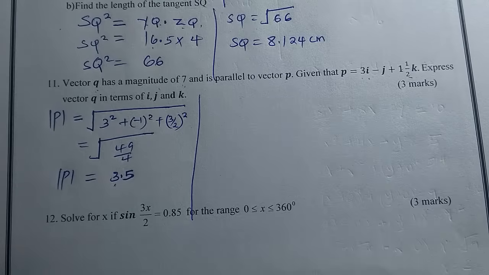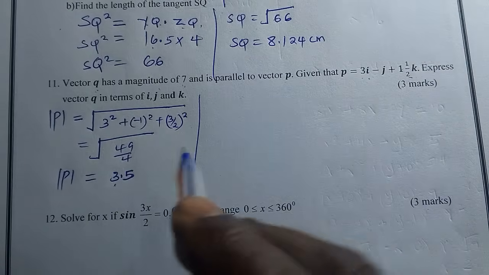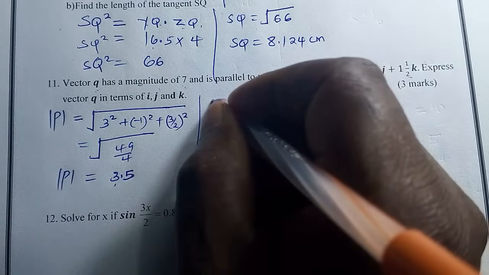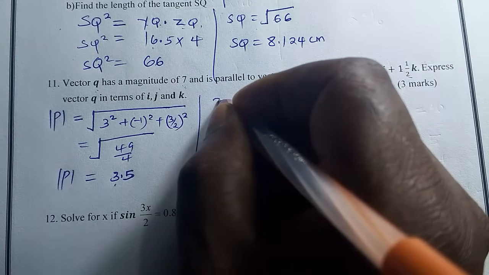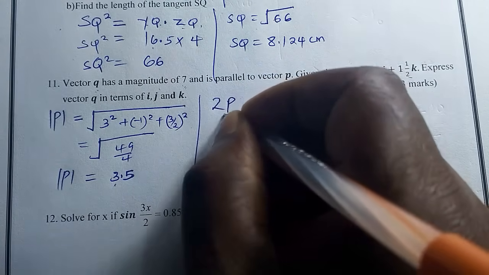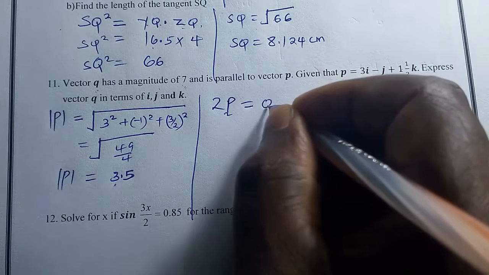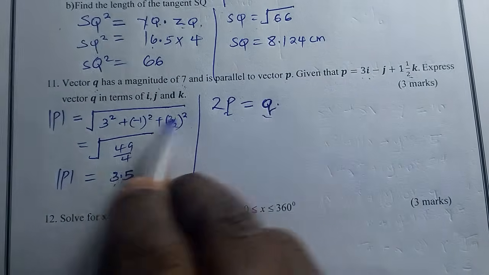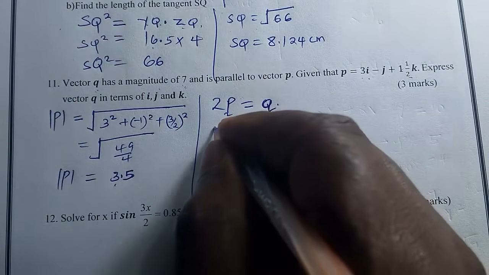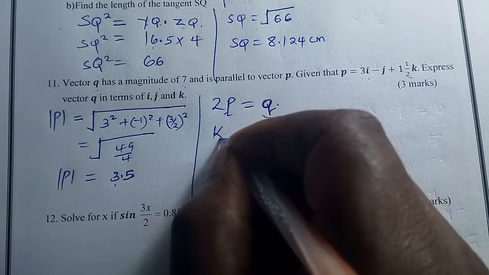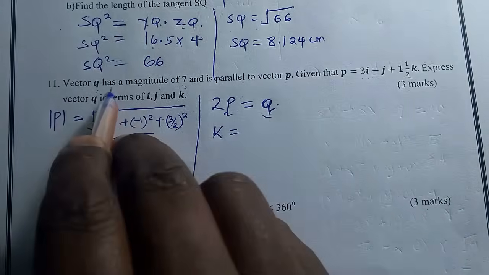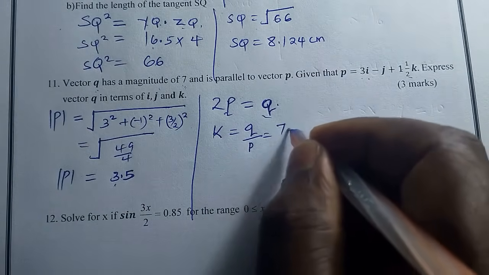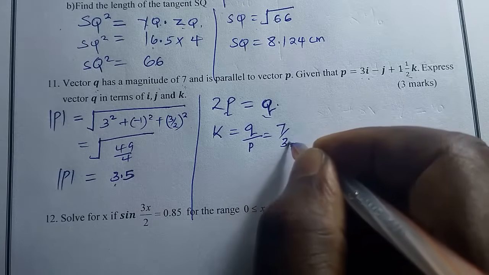So you can clearly see that two P is equal to vector Q. Because if we have a constant K, meaning that Q divided by P, that is 7 divided by 3.5, and the answer is 2.